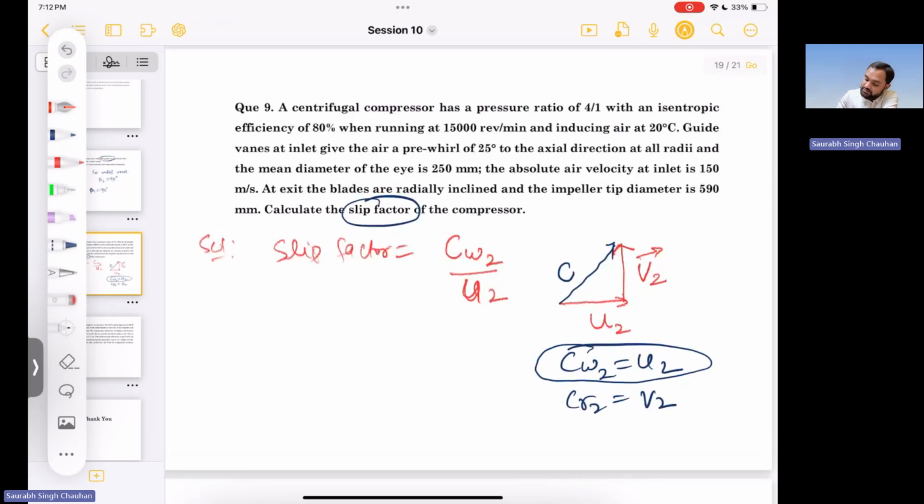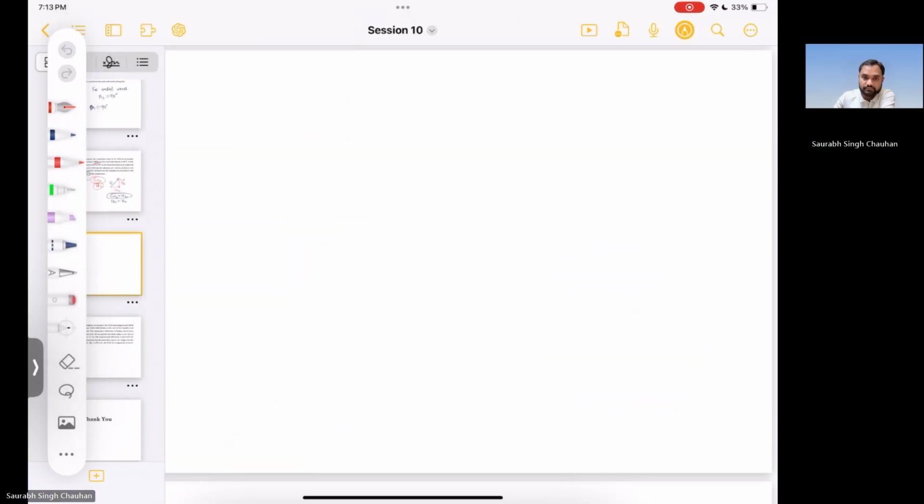We need two things, U2 and CW2. U2 can be easily calculated from the diameter or the radius, and for omega we have 15,000 revolutions per minute, and the radius is also given. Only what we need is CW2. Okay, so let's try to calculate that.